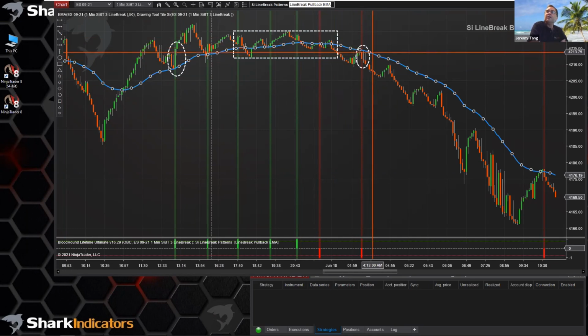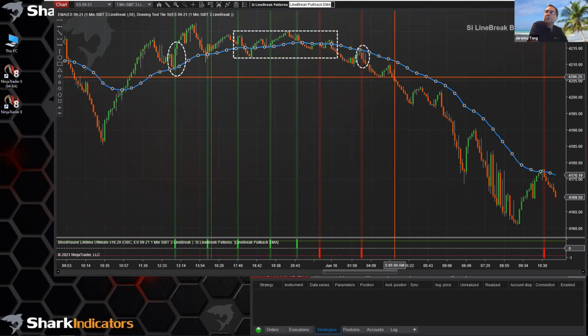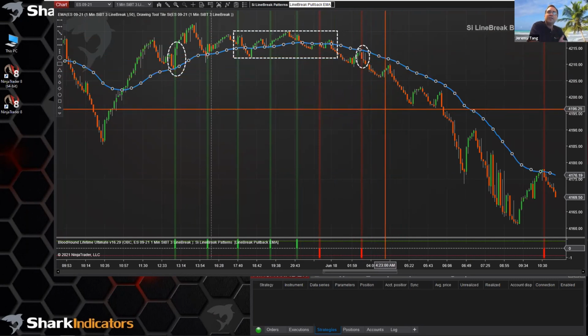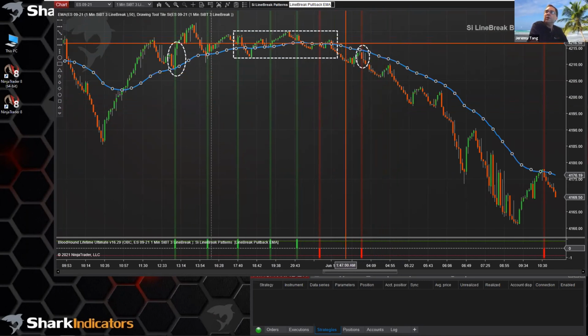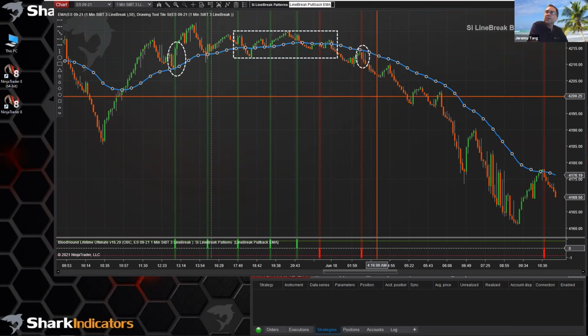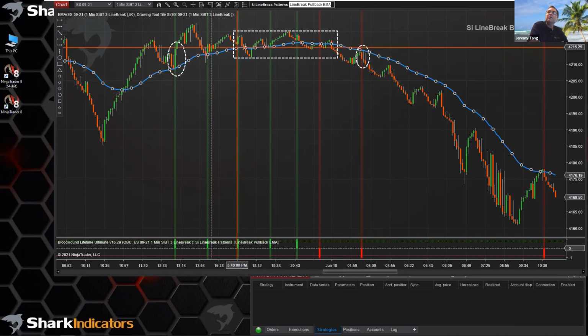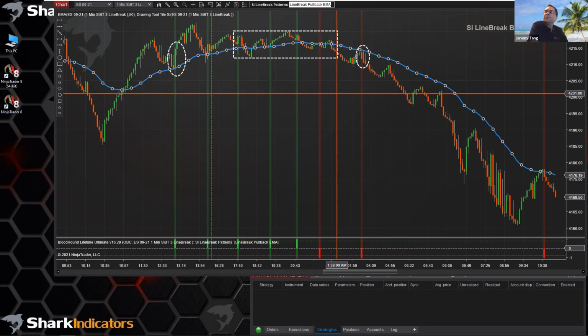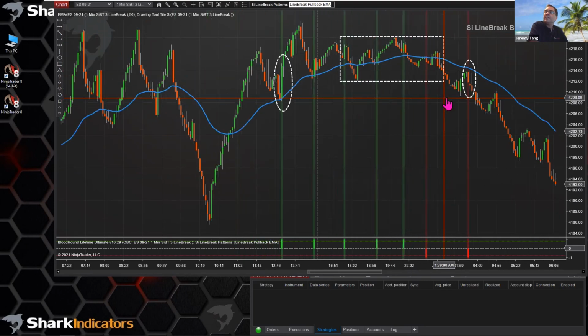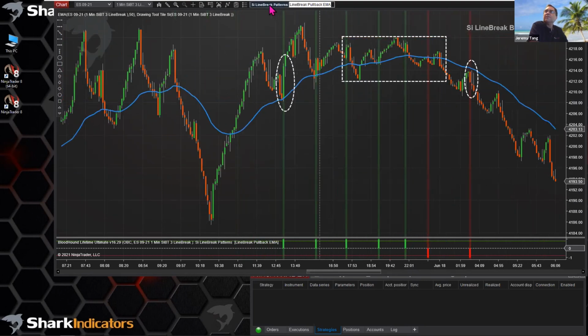Obviously as the market trends, you're going to get a steeper and steeper slope on that. That's one of the fundamental things of a bounce system: you want some kind of a slope to it. So you would want to filter out any signals where your moving average flattens out, identifying the consolidation there. So let's add that as one of our first filters here.